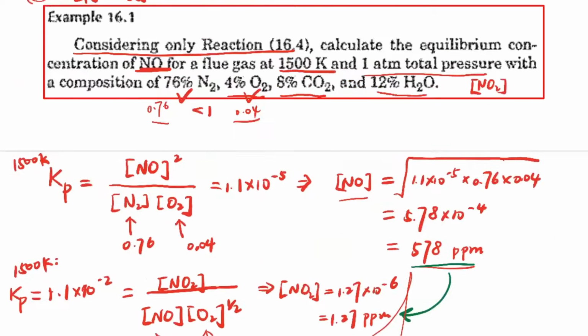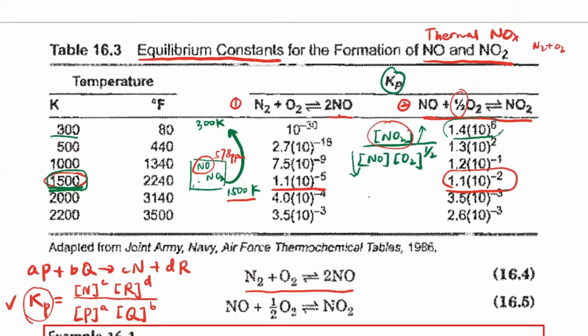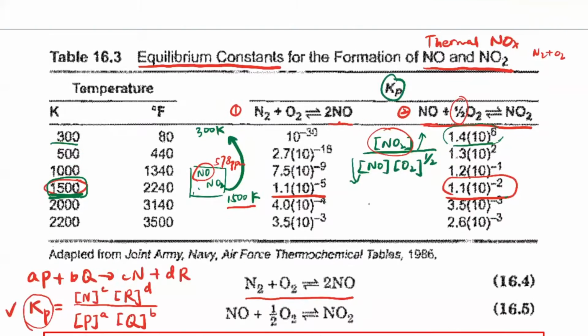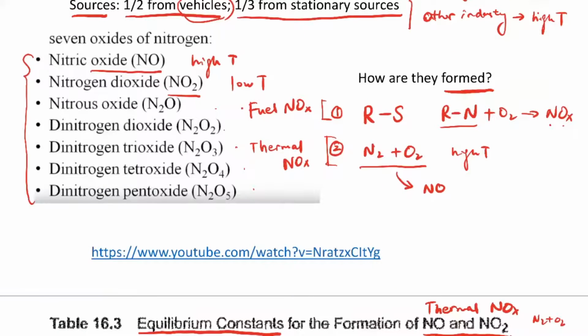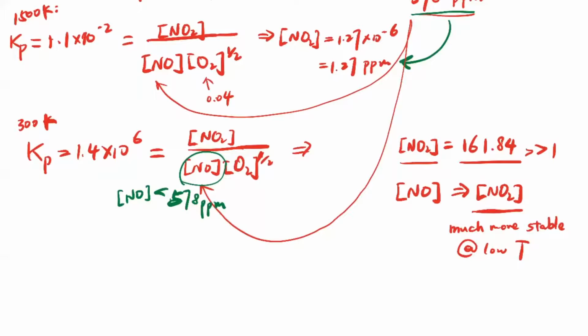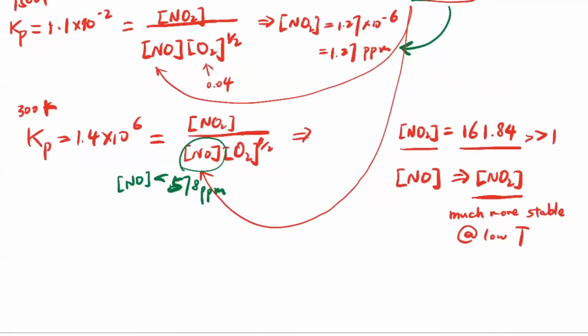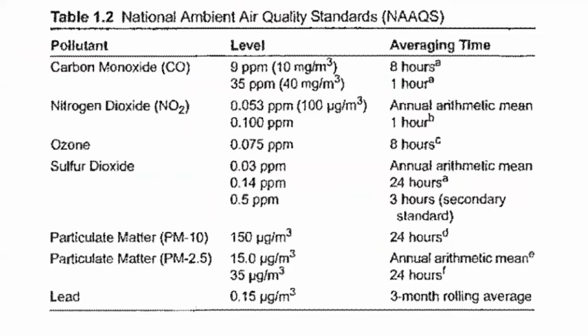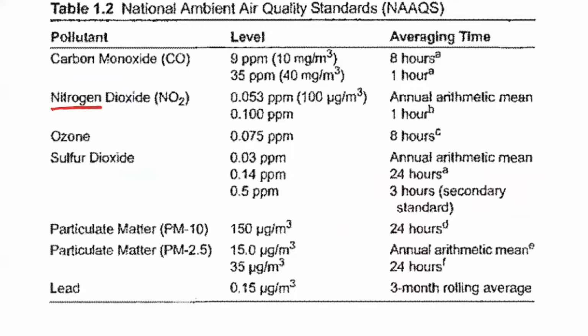Okay, so based on these equilibrium constants, we can basically prove that at each temperature, each species of the nitrogen oxide is going to have its own stability, and at low temperatures, nitrogen dioxide is going to be the most stable form. Okay, so this is also the reason why if you check the NAAQS or the EPA regulated concentration of the nitrogen oxides, you can find out that it actually just regulates the nitrogen dioxide.